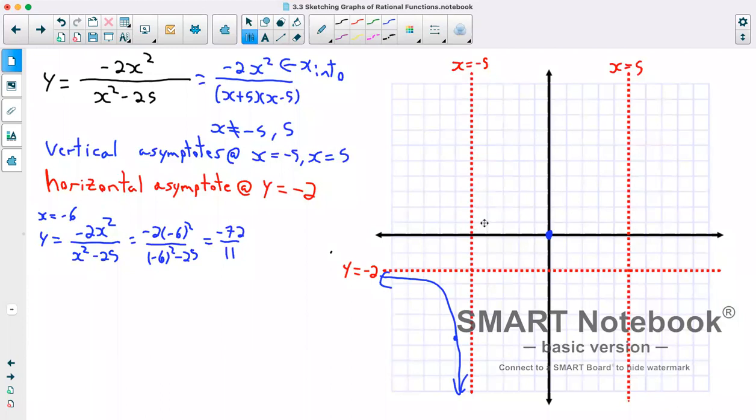I'll then choose one over here. So for example, x equals -4. So we've got y is equal to -2x squared over x squared minus 25 equals -2 times -4 squared over -4 squared minus 25.